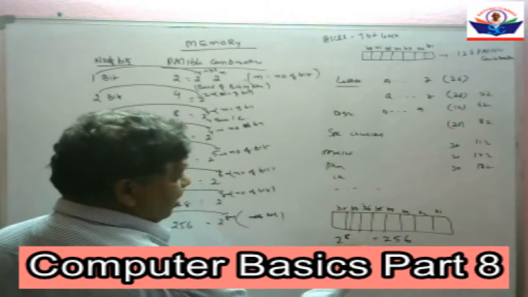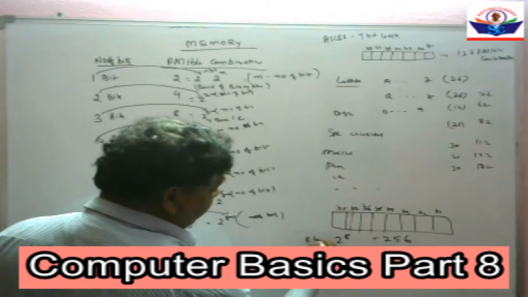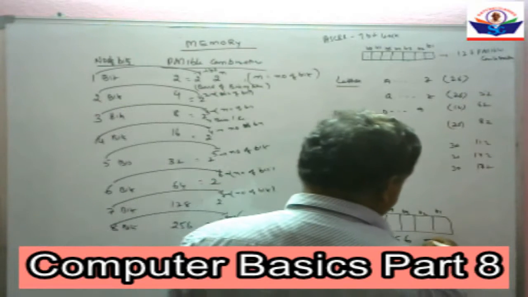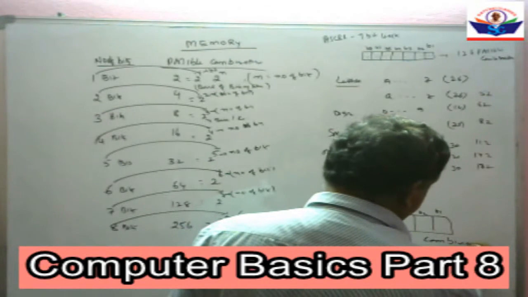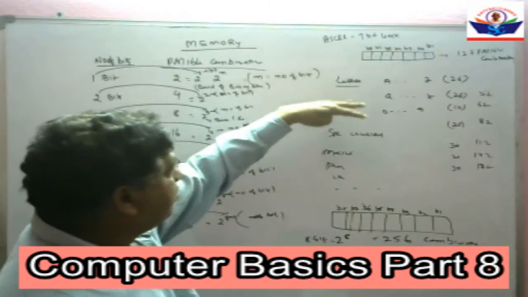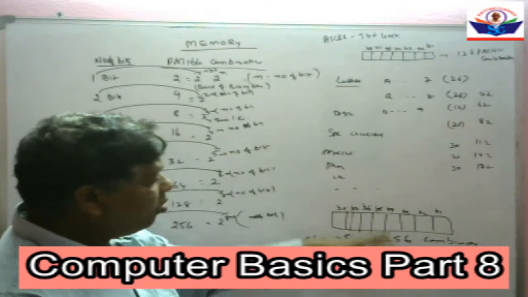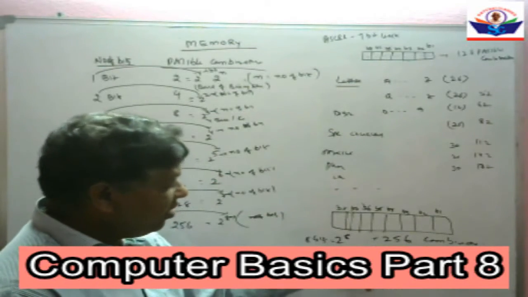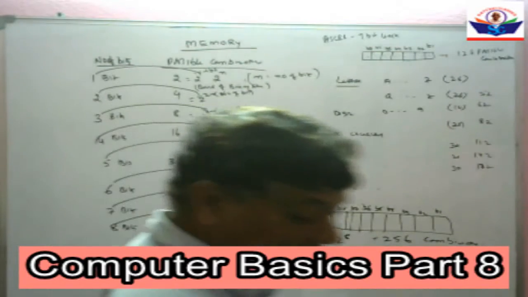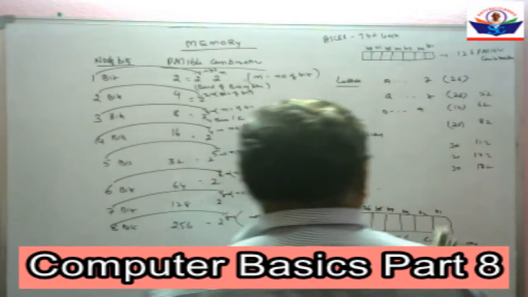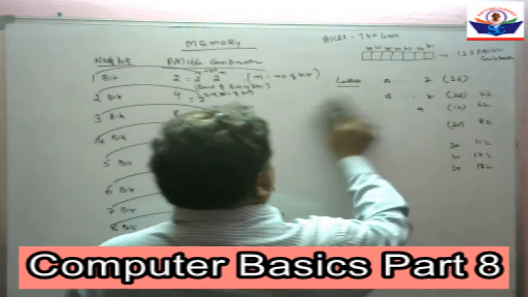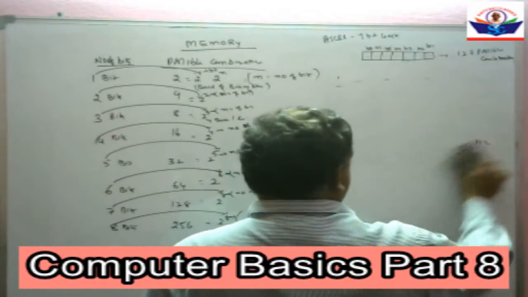So now we can have more than 172 combinations in 8 bits. That's why 8 bit ASCII code is suitable to represent all the letters, digits, characters, symbols.